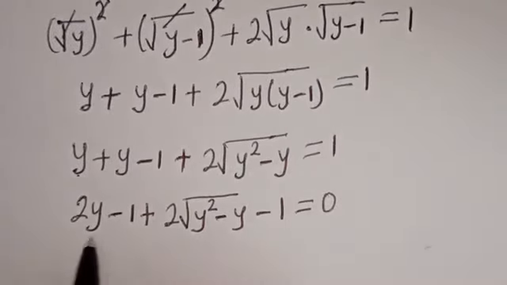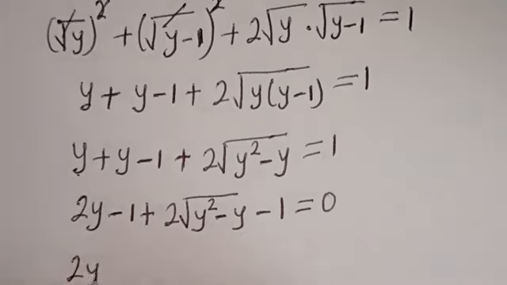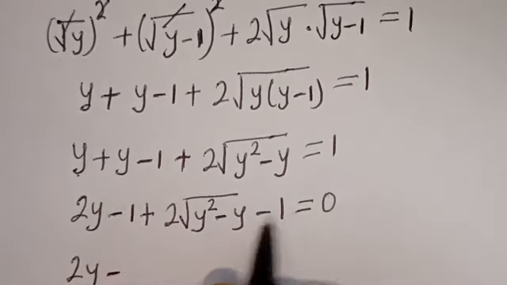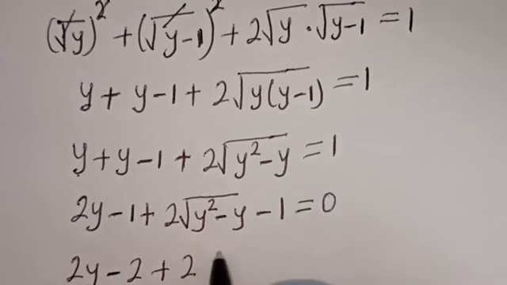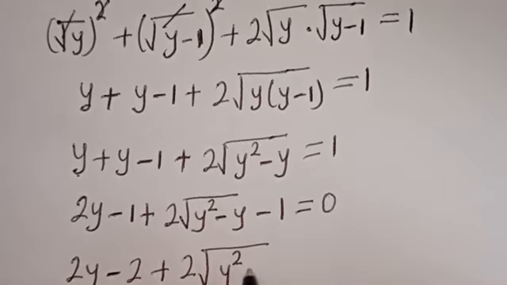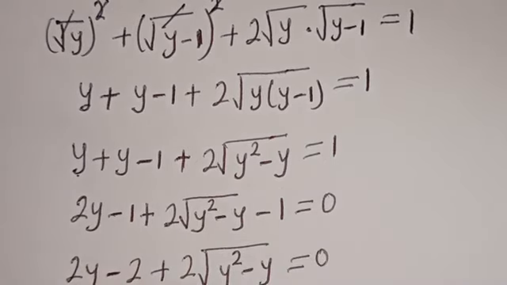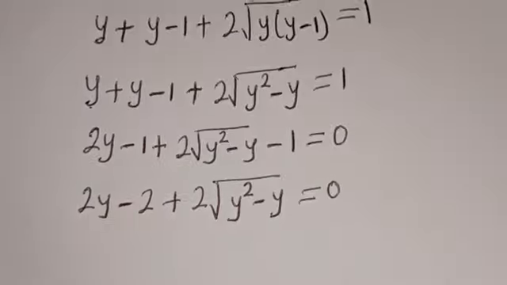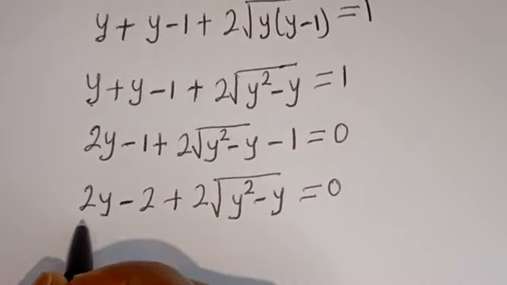Then from here we have 2y minus 1, that is minus 2, plus 2 square root of y squared minus y is equal to 0. Now let's divide all through by 2.